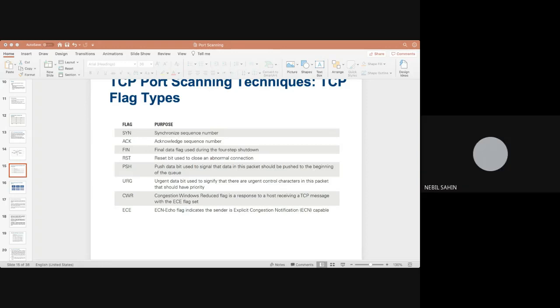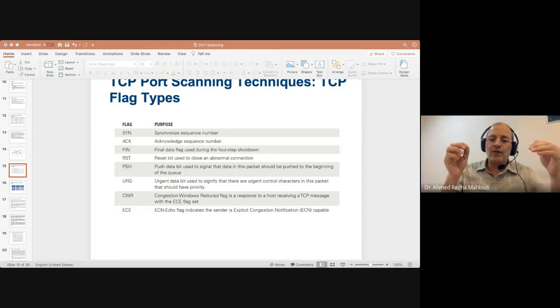Now, if I send you 2 SYN packets and the window size is 2, I will not send you the 3rd SYN until I receive 2 SYN-ACK packets, one for each SYN I have sent. I sent you 2 SYNs, so I expect 2 SYN-ACK packets in order to proceed to the 3rd SYN.